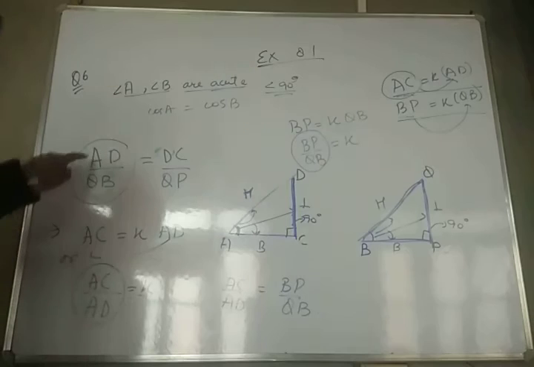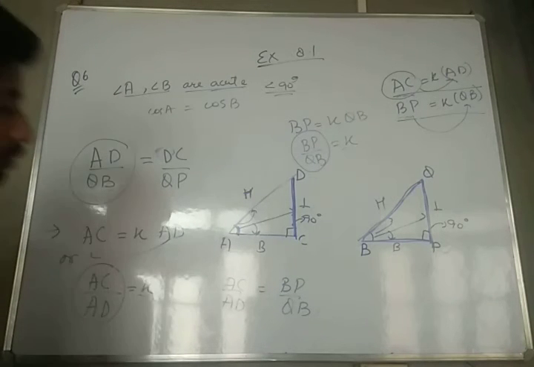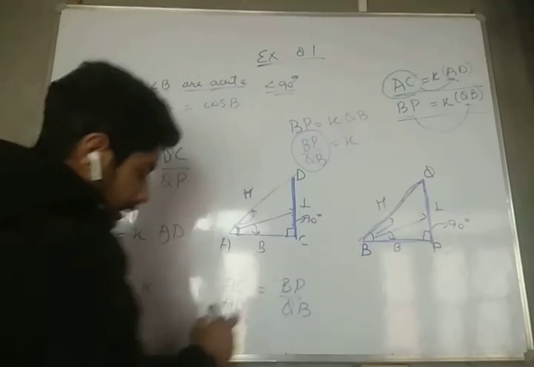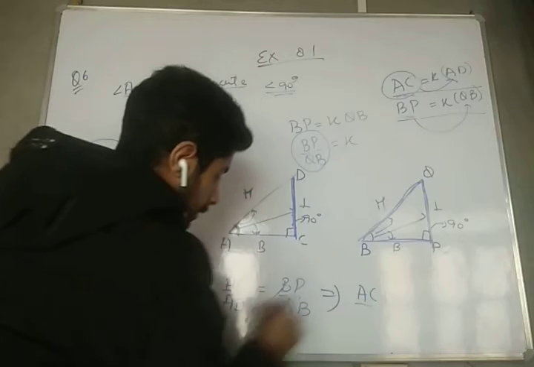Now see what we got here. We got AD by QB. So take this AD here and this BP here, I mean it's AC. Take this BP here.